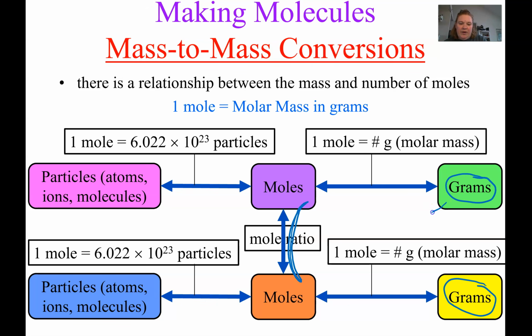So we would go from grams to moles using that molar mass conversion factor. And then once we get to moles of aluminum oxide, we can convert to grams of aluminum oxide again using that molar mass as our conversion factor. So the math and the idea behind what we're doing is very similar to Chapter 6, but we're expanding it out to look at an entire chemical reaction and not just within a molecule.